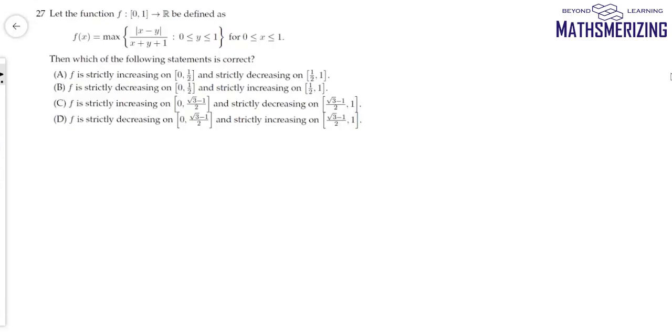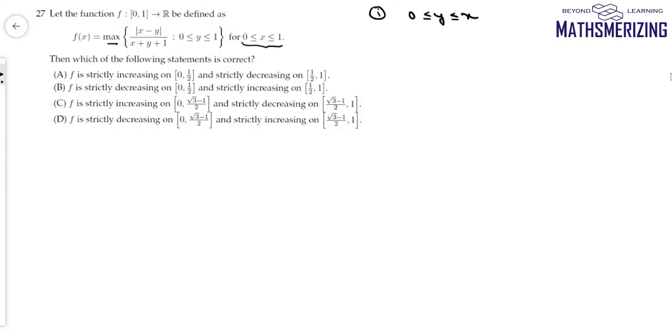It says this function f(x) is defined as the maximum of mod x minus y upon x plus y plus 1, when y lies between 0 and 1, for x lying between 0 and 1. So for this function, I'll consider the first case, when y is less than or equal to x.